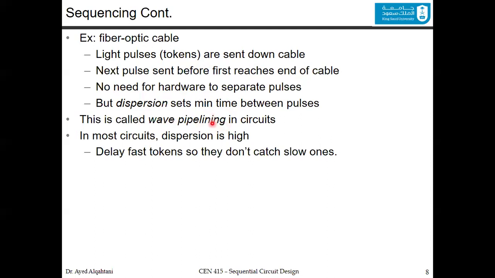If you are using light instead of electricity, you don't need a clock or sequencing. In most circuits, dispersion is high, so you need to delay the fast tokens so they don't catch the slow ones. We do this by applying an organizer, and this organizer is our clock.